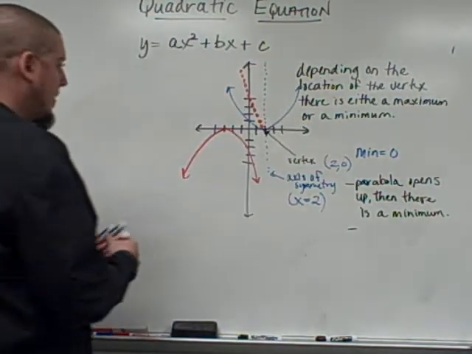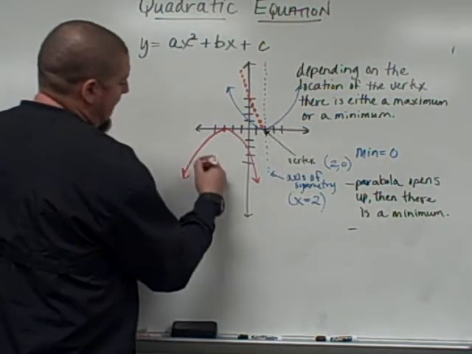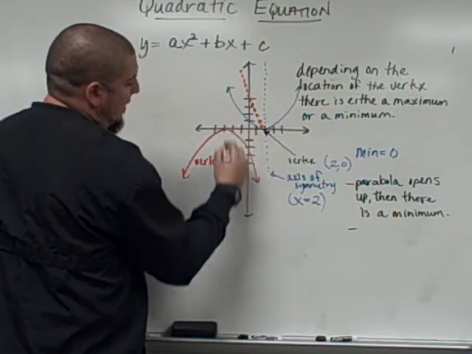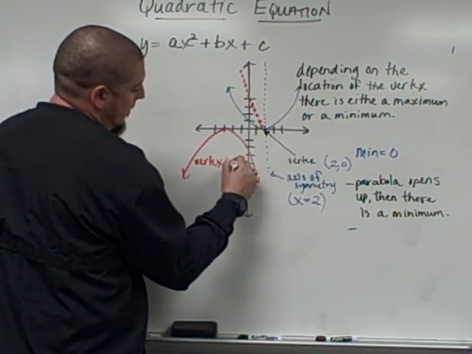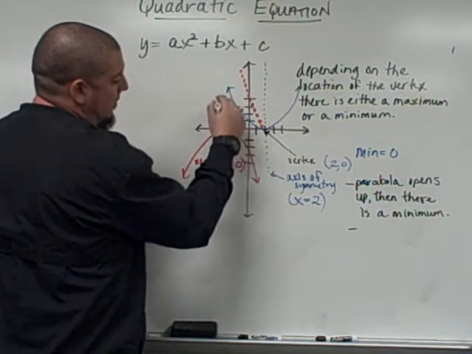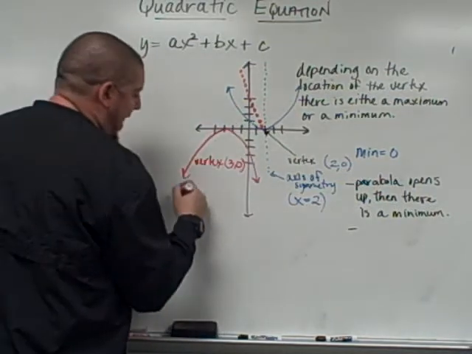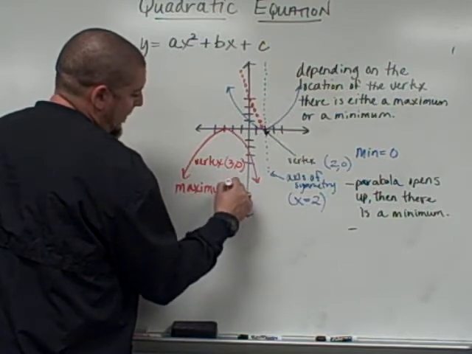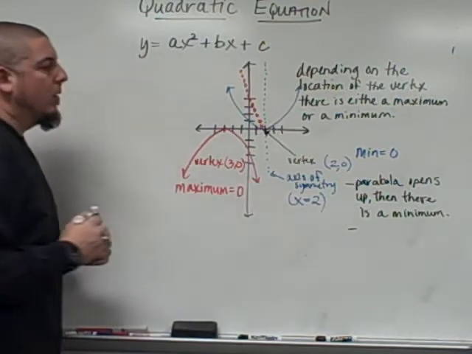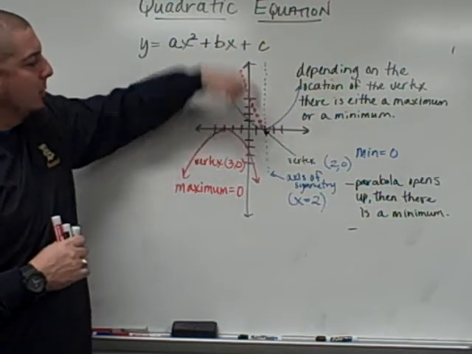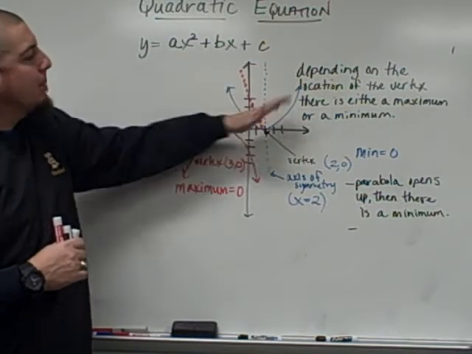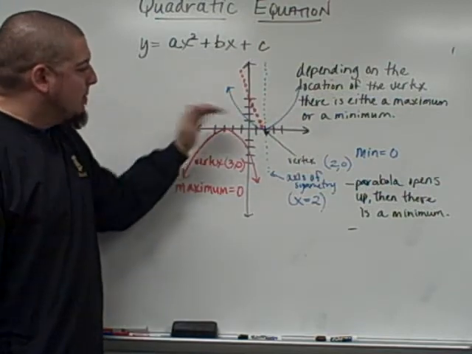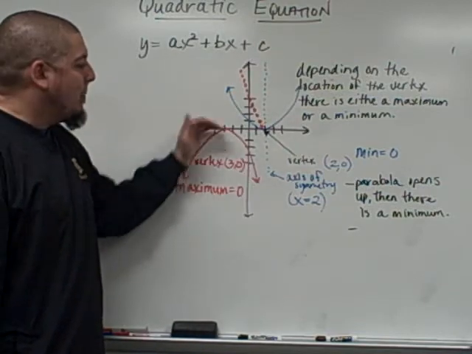Okay? And in this case, my vertex is 3, 0. 3 over, 0 up. So my maximum value is equal to 0 also. Here I had a minimum value equal to 0 because my y value is 0, but I had a parabola opening up, so it has a minimum. Here I have a maximum value because my parabola is opening down.